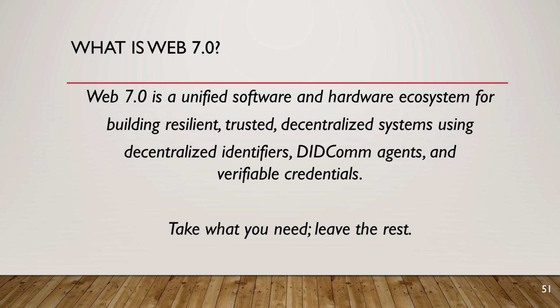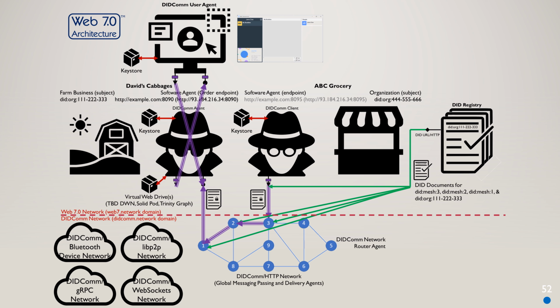So what does the reference model for Web 7 look like? It just builds again on layer 0, layer 1, layer 2, layer 3, layer 4, and layer 5. So this is the 7th layer, layer 6, and we can see that it built on the mesh network model from layer 4. But here we have the virtual web drives as an example, whether that be Web 5, TBD Web 5, DWNs, solid pods, or Trinity graphs, above the red line.